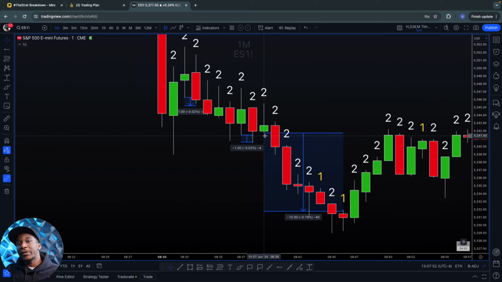You make $150. You move your stop loss to break even. You got 2 contracts left where you make $100 every single point. So $100 a point times 10 is 1,000. So you secure $1,000 or $1,150 in 7 minutes, 8 minutes, in and out.